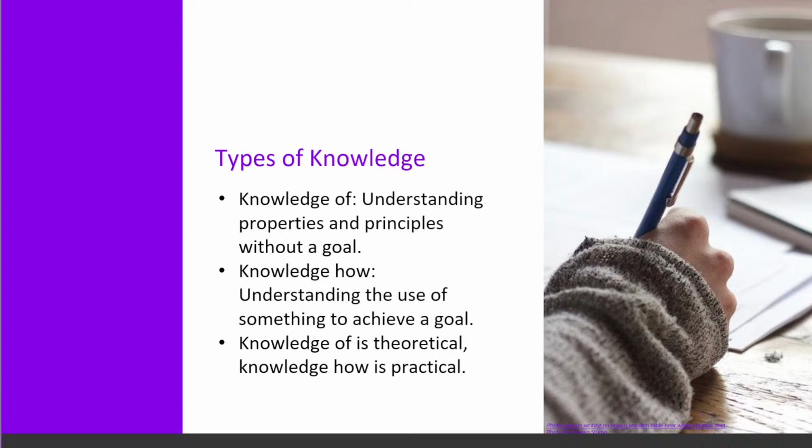There's no real endpoint there that we're considering. Whereas knowledge how is understanding how to use something to achieve a goal. So knowledge of is theory. You're working through properties, you're working through principles. You have this baseline understanding of the knowledge in the world, that things exist in a particular way. But knowledge how is the actual practical thing of this is what I do to do this thing.